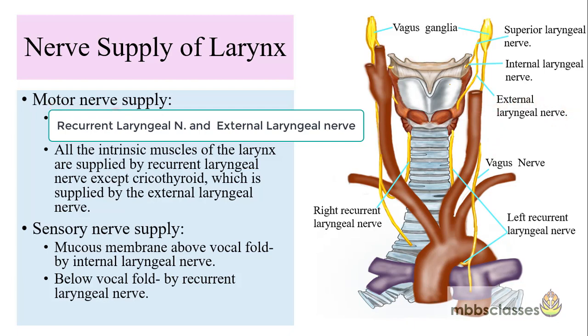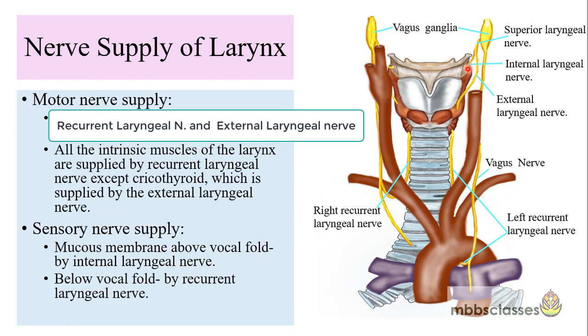So the motor supply of the larynx is mostly by the recurrent laryngeal nerves and external laryngeal nerves. All the intrinsic muscles of the larynx are supplied by the recurrent laryngeal nerve except cricothyroid, which is supplied by the external laryngeal nerve. And if we see the sensory nerve supply, the mucous membrane above the vocal fold is supplied by the internal laryngeal nerve.